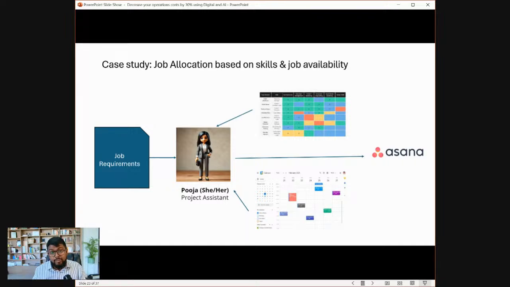Again, finding availability was a big challenge: going through individual calendars, finding the times, and then allocating the team. So that was a challenging process.